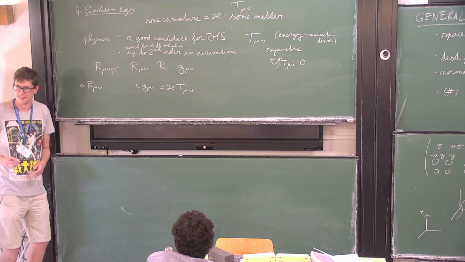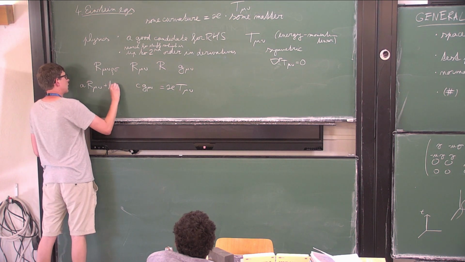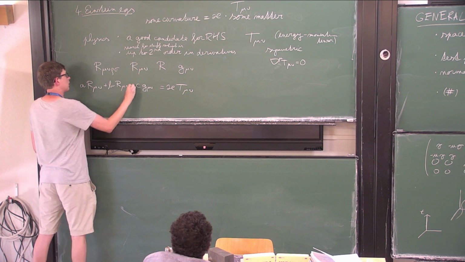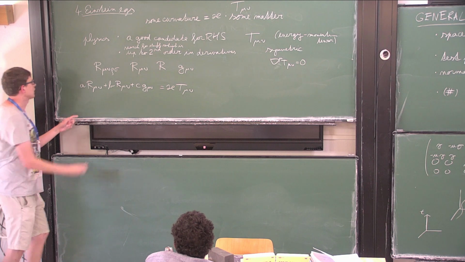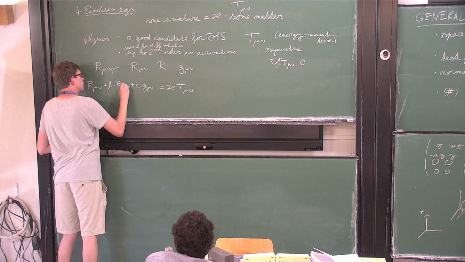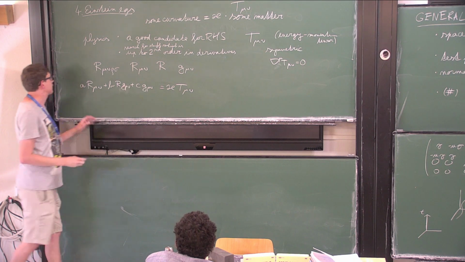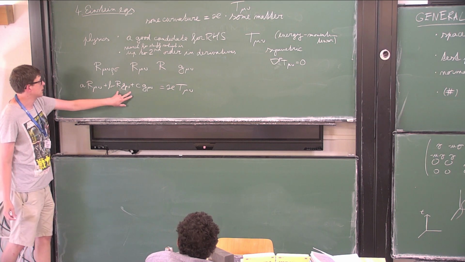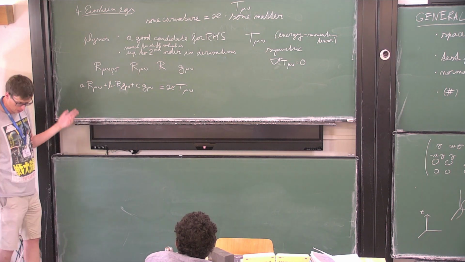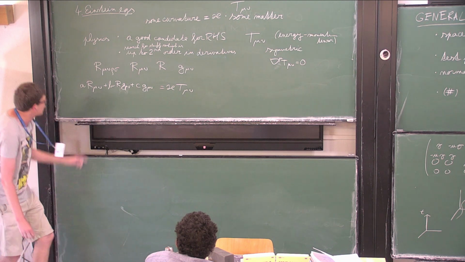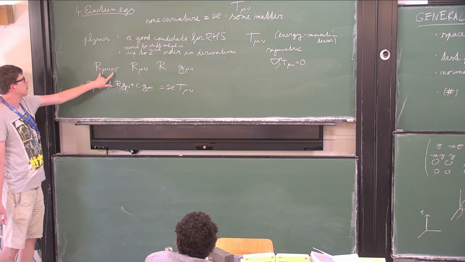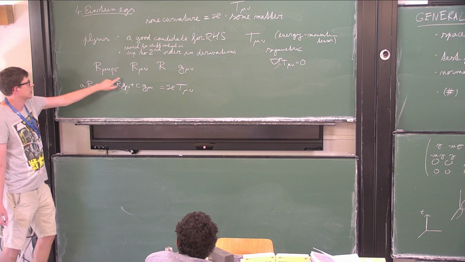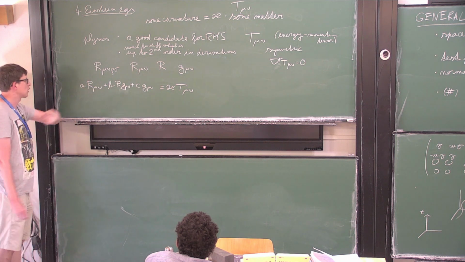Very good. So it can be either Ricci, or scalar times metric, or the metric. If you try to cook up anything else, you will fail. The only other contraction that has two indices is Ricci. So this is the only thing that you can do.